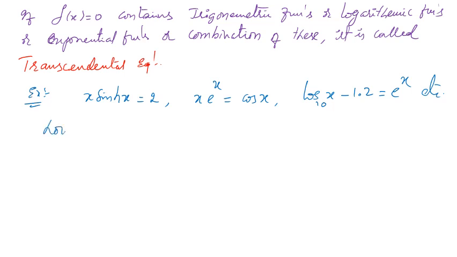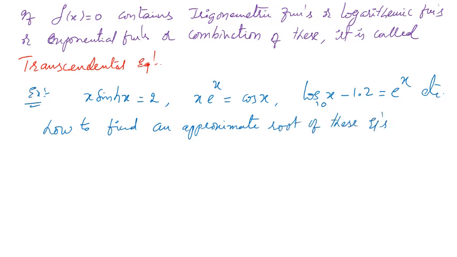Then how to find an approximate root of these equations? This is the main idea of this chapter: finding an approximate root of a higher degree polynomial or transcendental equation. So our equation is f of x equal to 0.